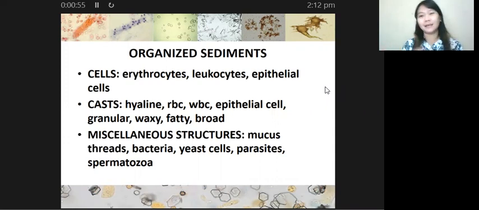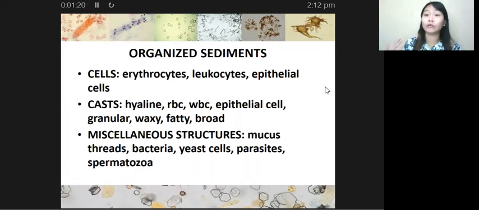So take note that your sediments are generally classified as either organized or unorganized sediments. Okay? So what are the different organized sediments that we are able to see in your urine sample?